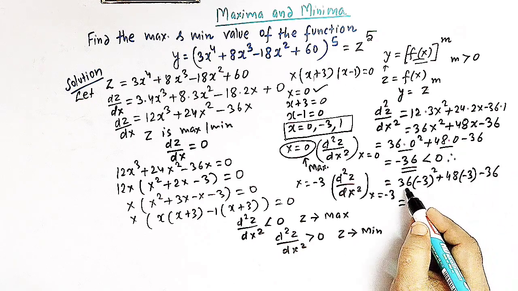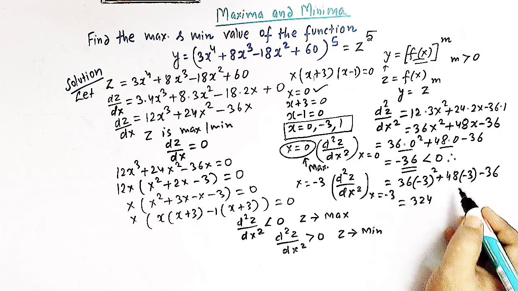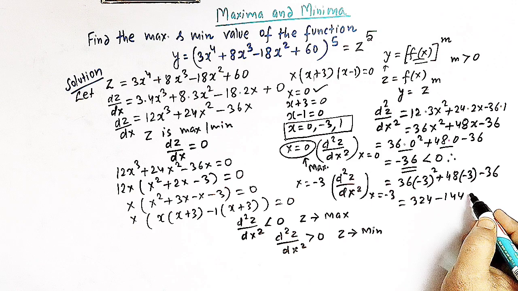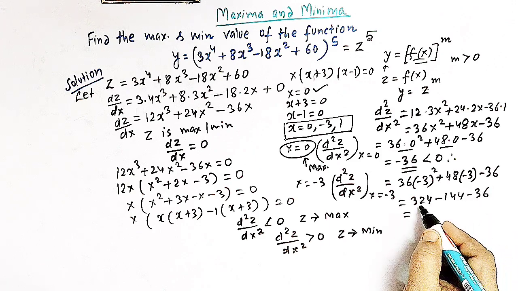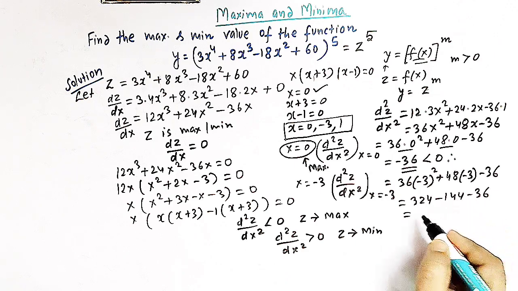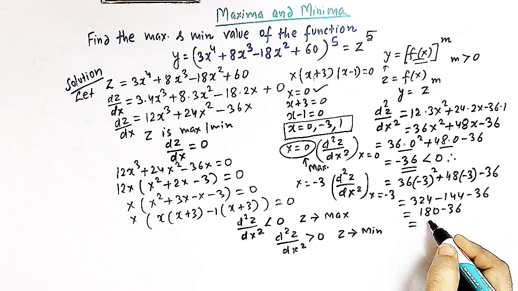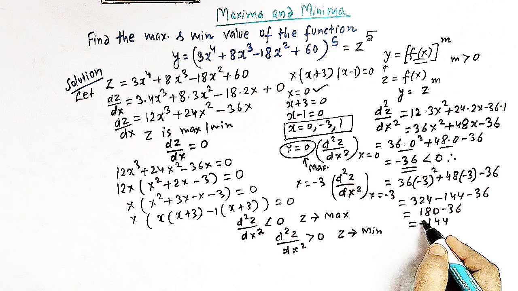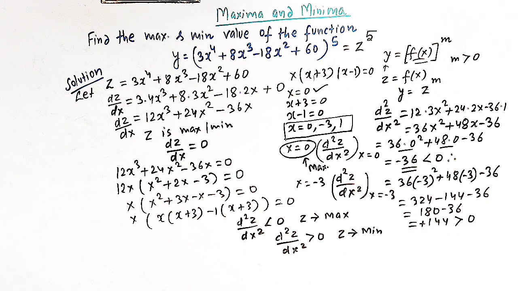So here if we multiply both these numbers, we'll get 324, and here we have minus 144, this is minus 36, and 324 and minus 144 is 180, and here we have 36, so this is 144. So this is plus 144, that is greater than 0, right?